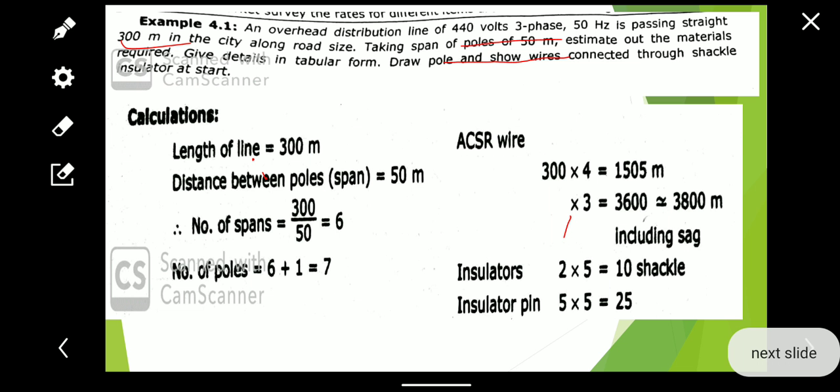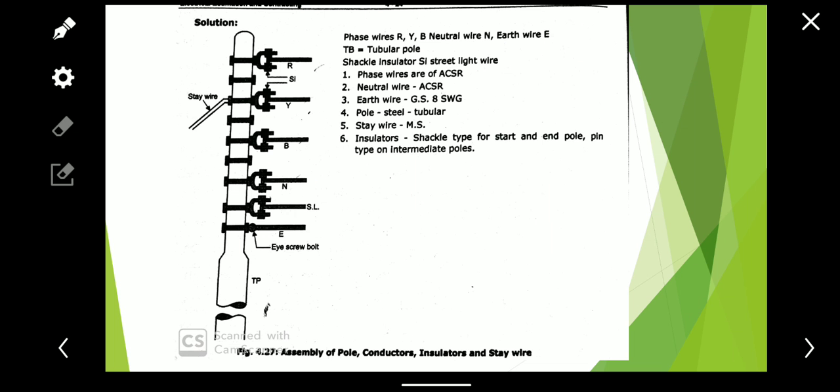So these are the 25 pin insulator and 10 shackle insulator. So this is the drawing of pole or assembly of pole, conductor and insulator with stay wire. So this is the stay wire. These are the different wires R, Y, B and SL, and E is the earthing.